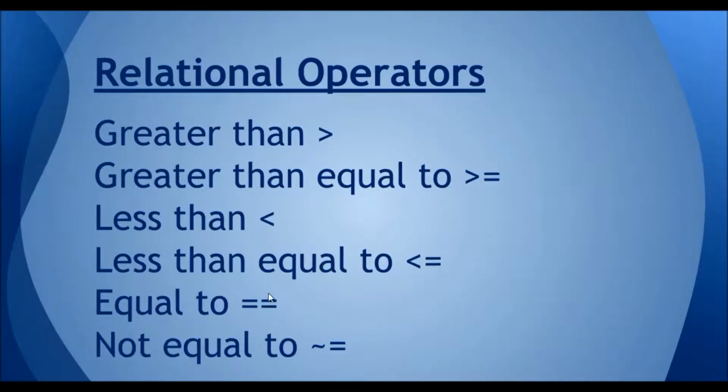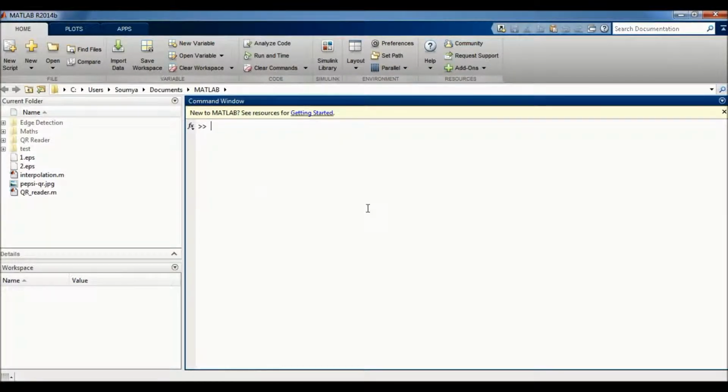For example, let's take a variable called a here, and let's say the value of a is equal to 2. Now let's take another variable called b, and b is equal to, say, 4.